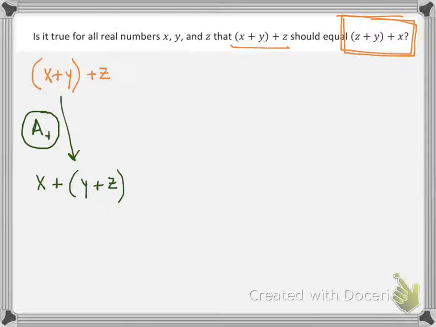Let's go a little further. I want to keep in mind my end result. So I have the z and the y together, but I really would like the x to be on the other side. So I'm going to change this so that I have the y plus z first and then the positive x last.